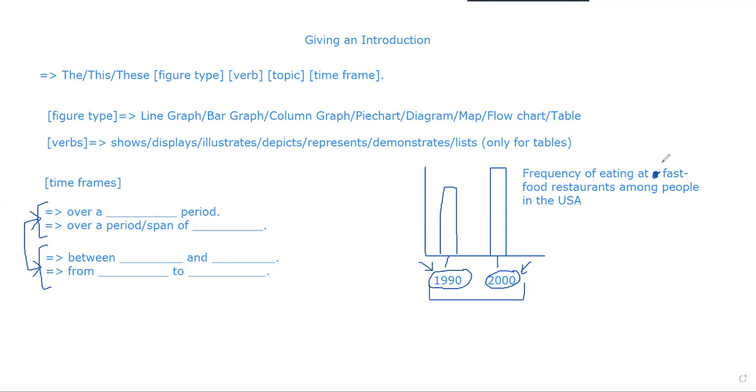Okay. What is paraphrasing? What do you understand by paraphrasing? Can you tell me? Writing it again in a new way. Exactly. Saying the same thing but in a different way.